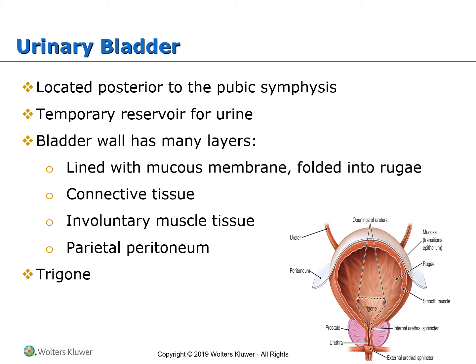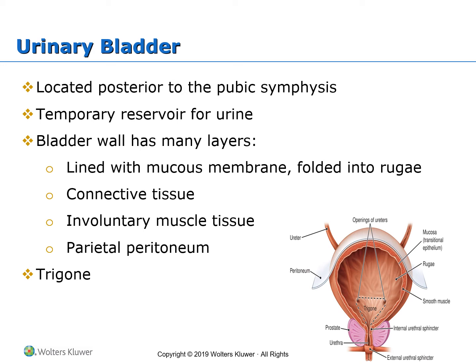When it's fully distended, it may show up in the abdominal cavity, in the lower part of it. That's why injuries to the abdominal wall, especially when the urinary bladder is full and distended, may result in injuries of the urinary bladder.